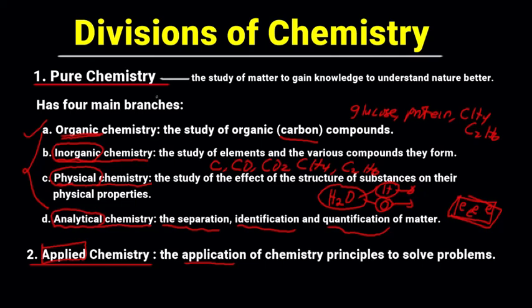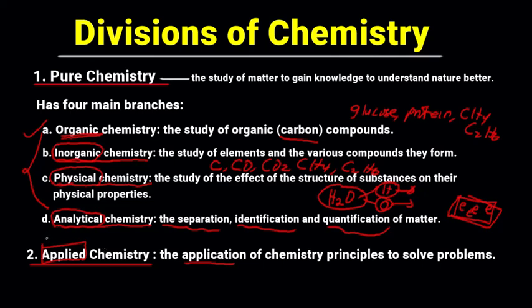Now, let's look at some areas in the world where knowledge of chemistry is applied. Biochemistry is one area where we apply chemistry. Biochemistry is simply the application of chemistry principles to study living things.